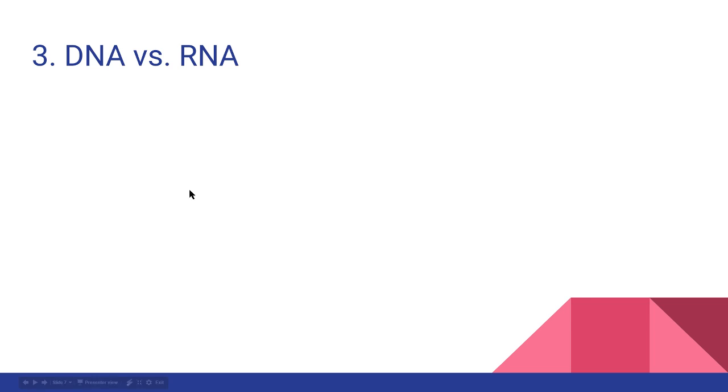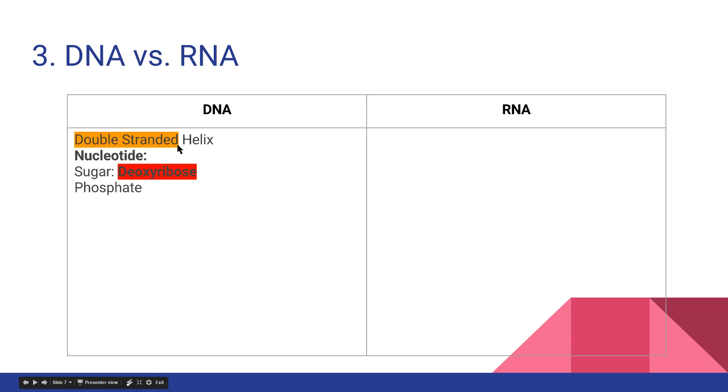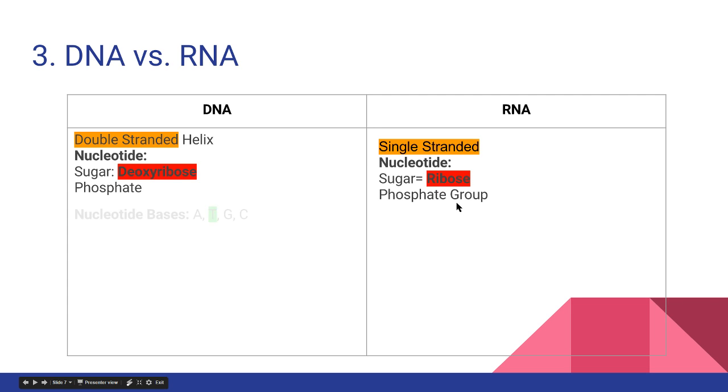We're going to go over the differences between DNA and RNA. First off, DNA is a double helix. Its nucleotide is made up of a sugar, deoxyribose, a phosphate group, and one of the bases. RNA is single-stranded, and its nucleotide contains a sugar, ribose, a phosphate group, and a base.